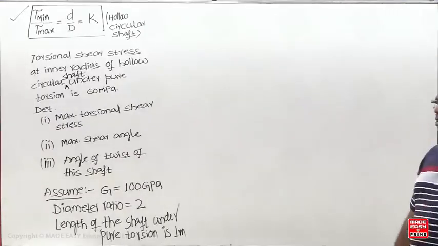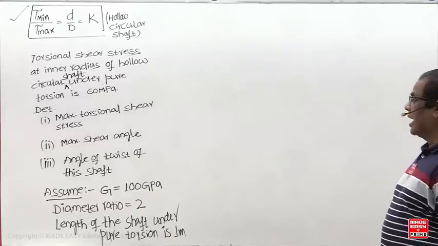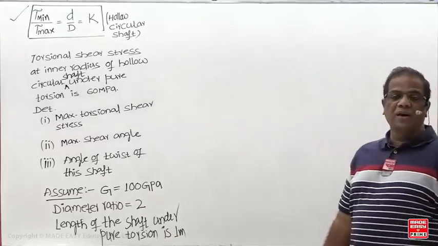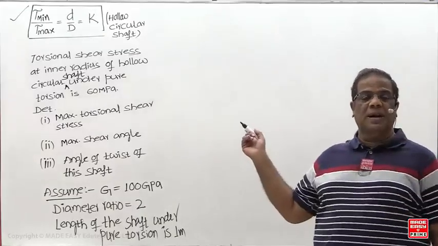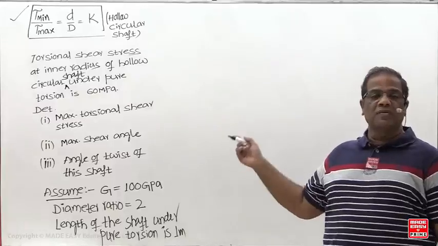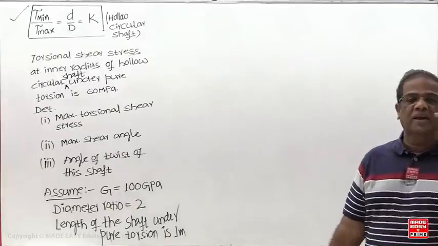Determine the maximum torsional shear stress, maximum shear angle, and angle of twist of this shaft. Default angle of twist means you have to calculate the maximum. Under pure torsion, angle of twist is always maximum at the free end.